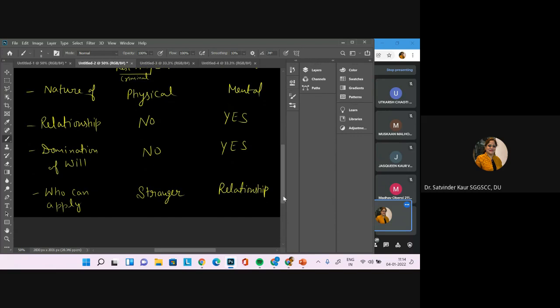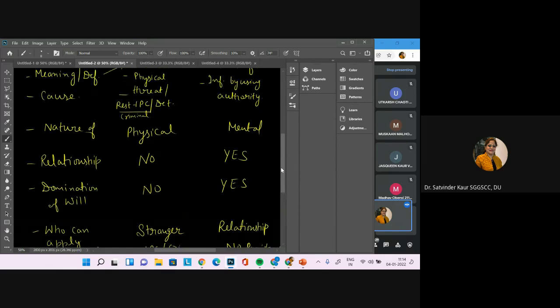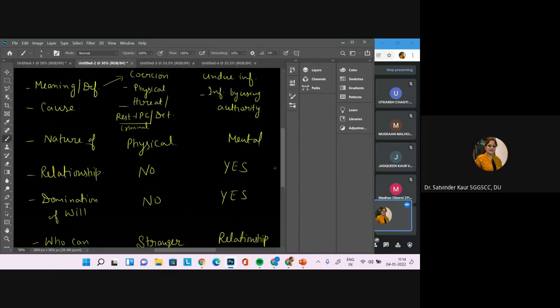Then, if we talk about the punishment, in case of coercion, if there is a criminal activity under the IPC, then there is punishment, and there is no punishment as such in undue influence. Here only your contract will be set aside, right? So these can be the possible differences. Any other difference if you can think of, just let me know.